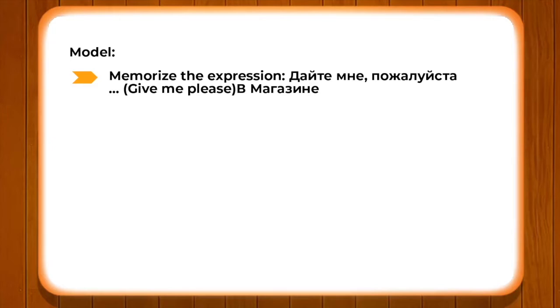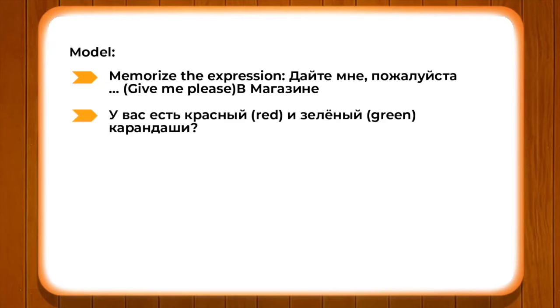So same is the case here, we have conjugated it like "дай" and "дайте." Магазин is the title of this small dialogue. Please pay attention. Магазин, here we have the preposition "в," which means in. Магазин means shop, in the shop.